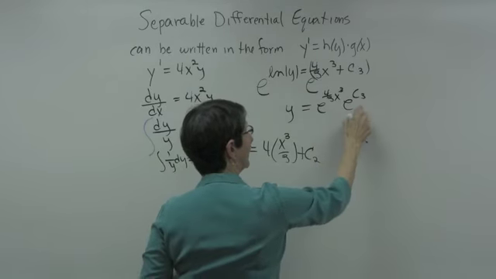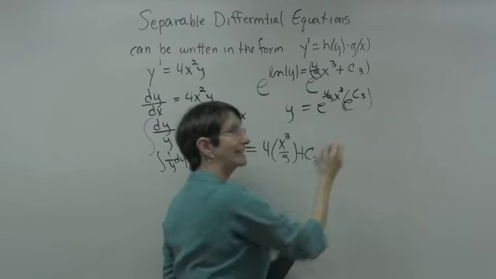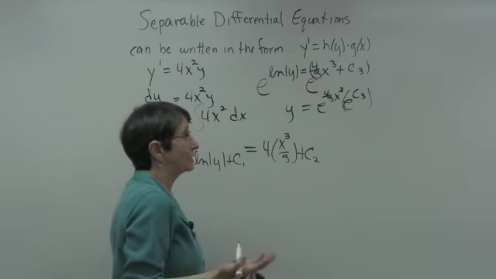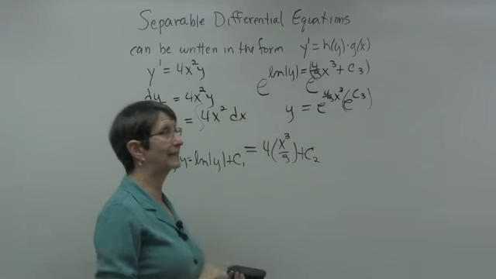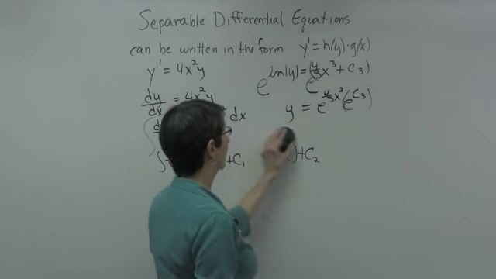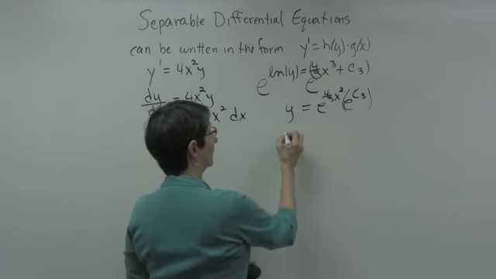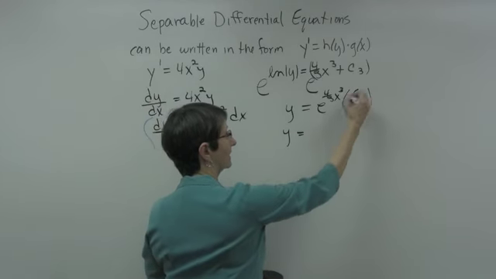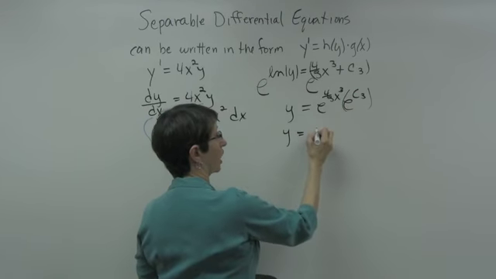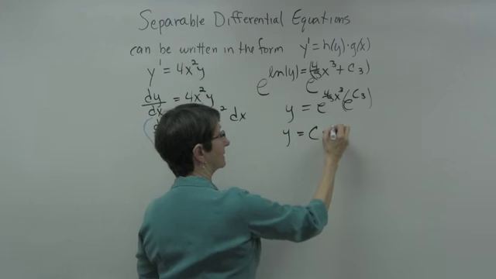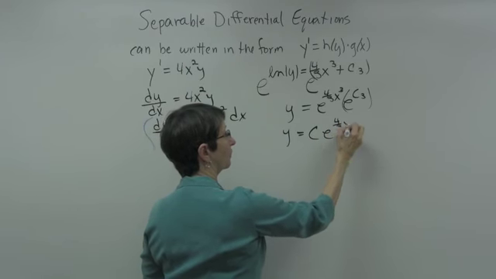But this is messy, and this piece is a constant. e is 2.7 whatever, and c3 is another constant. So I can call this constant C, times e to the 4/3 x cubed.